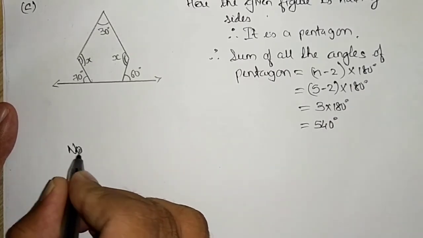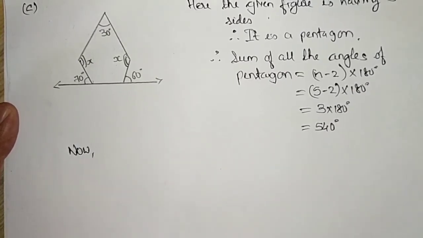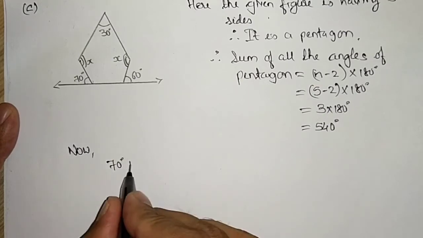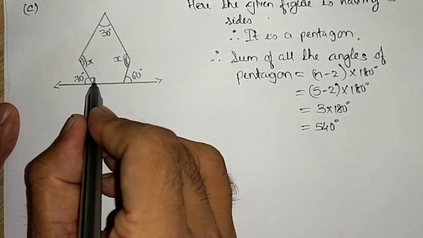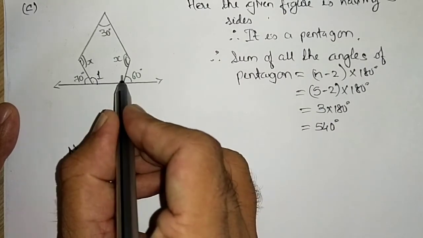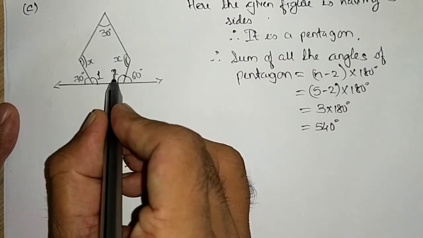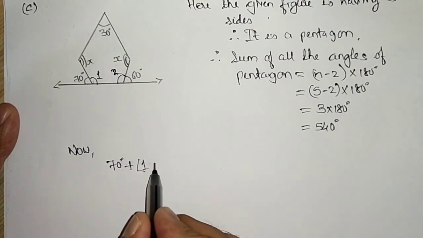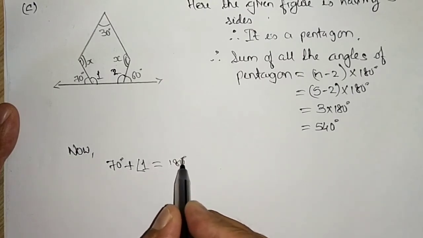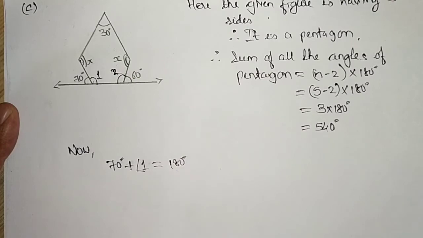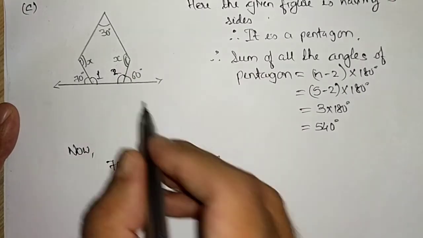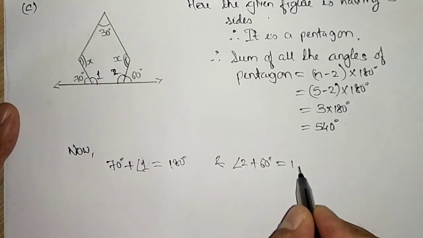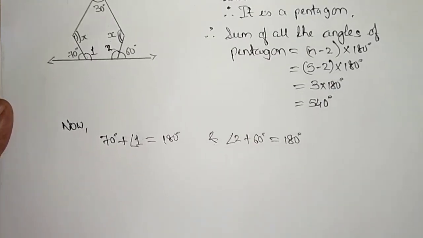Now, 70 degrees plus, if I name this angle 1 and this 2, you can see 70 plus the measure of angle 1 is equal to 180 degrees, and angle 2 plus 60 degrees will be 180 degrees. Why?